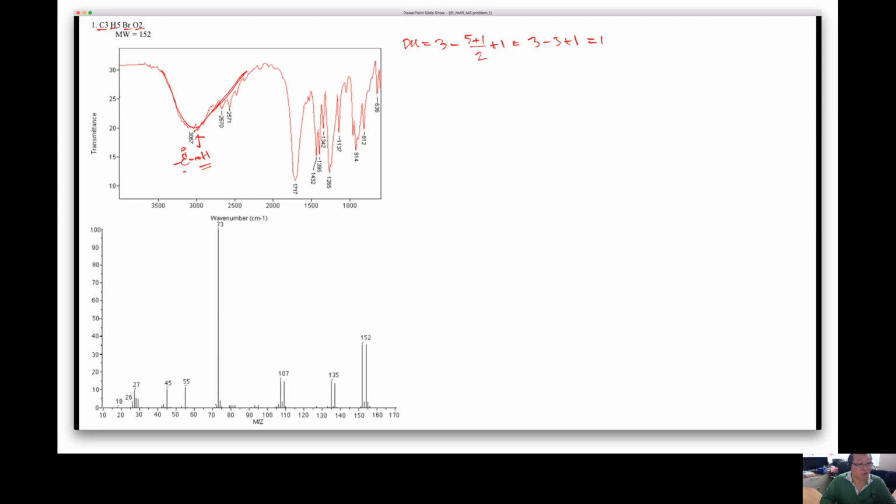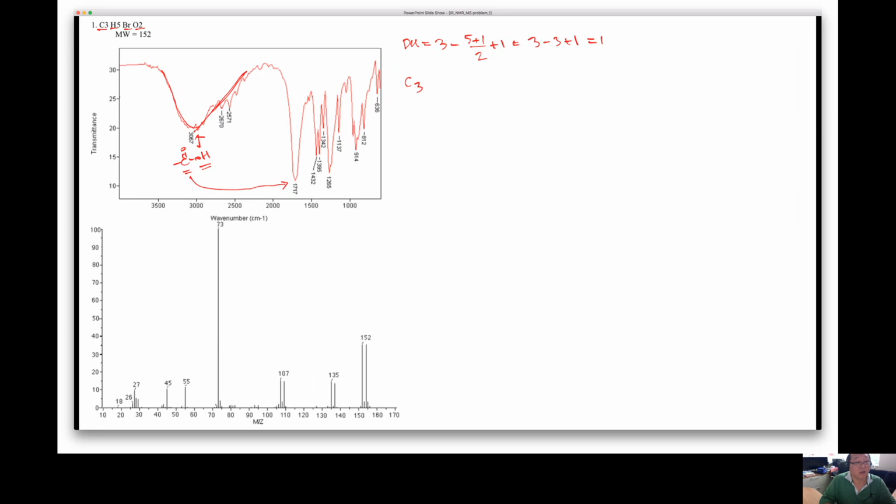Then we need to see the carbonyl, the C=O band as well, and that is right there. So these two bands point out that this is definitely a carboxylic acid.